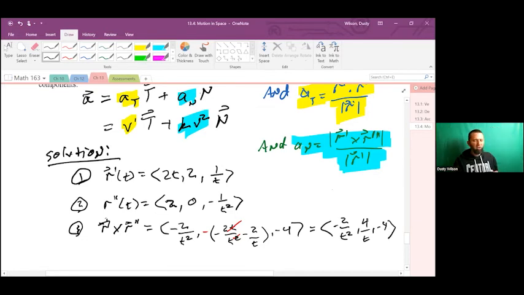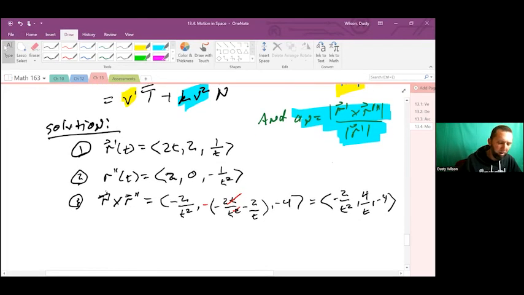And there's a common factor of 2 throughout that, which might make our lives a little bit easier. So this will be 2 times negative 1 over t squared, comma 2 over t, comma negative 2. Okay, so that's my cross product.